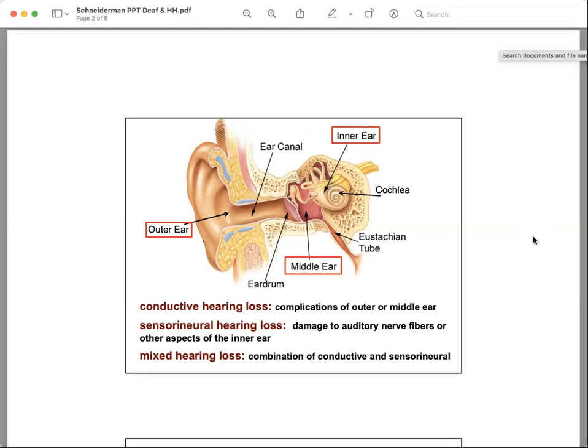If the incoming information to the brain is distorted, then that can be really problematic. The child can't interpret the meaning of these incoming sounds. Then you might have something called a mixed hearing loss, which is a combination of a conductive and a neurosensory hearing loss.